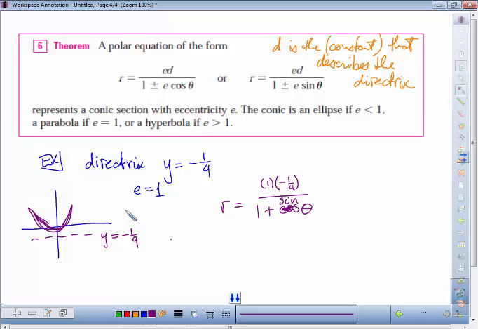Okay. By the way, now that I look at this a little bit more carefully, the focus point that we're looking at is actually at 0, 0.